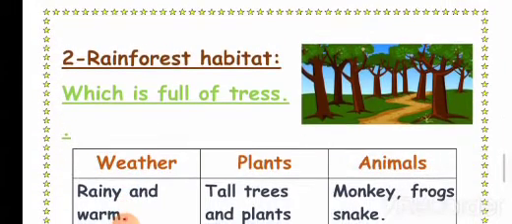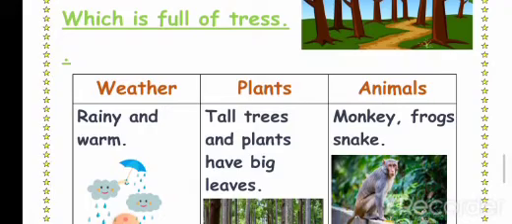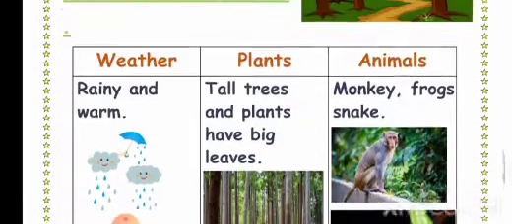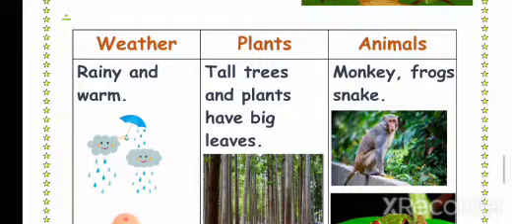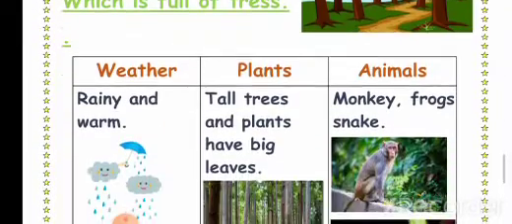Habitat number 2 is called rainforest habitat. The rainforest habitat is full of trees. The weather in the rainforest is rainy and warm. The plants that are found in the rainforest habitats are tall trees and plants that have big leaves.